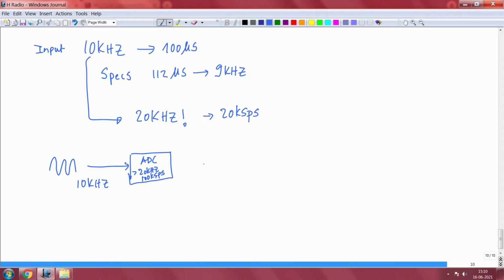Now how to do this? That is the question. Commonly, as a rule of thumb, people choose 10 times that, so it should be 100 kSPS. Now some SOCs and some ADCs will let you tune this with what is known as a prescaler.